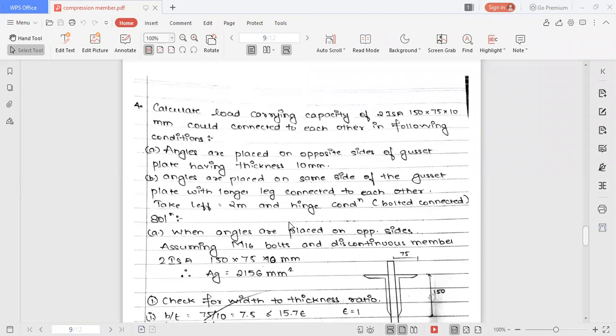So here we are going to consider the first case when angles are placed on the opposite side.